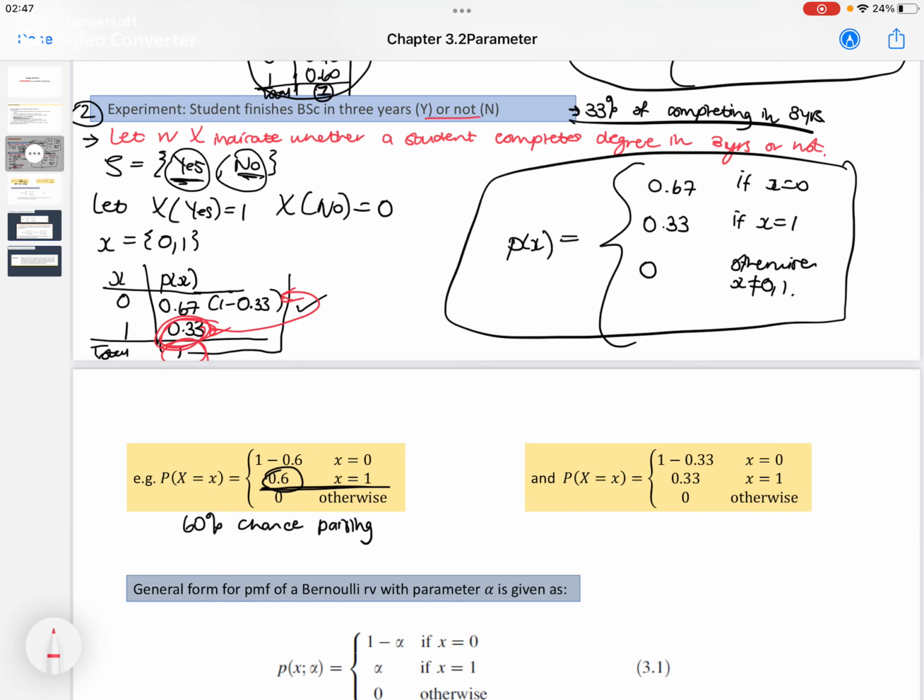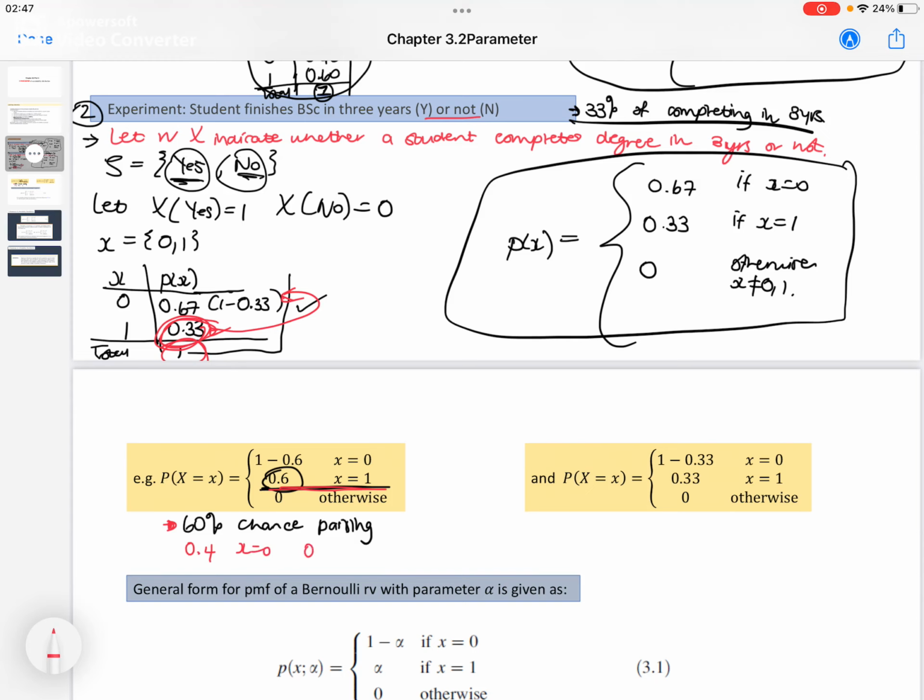So in this case, with both of these examples, we see that the only information that was actually necessary was that given information there, 60% chance of passing, which means that already we know that there's a probability of 0.4 of failing, right?